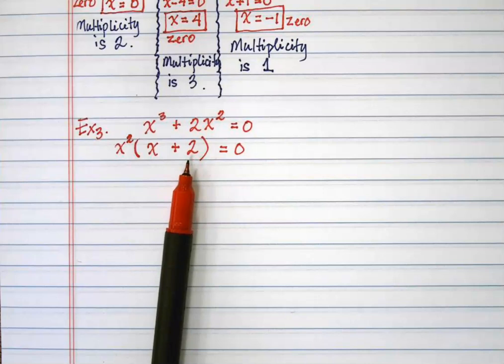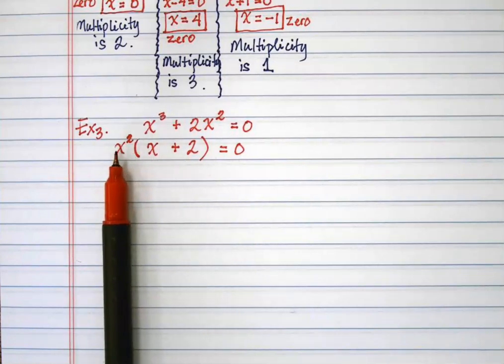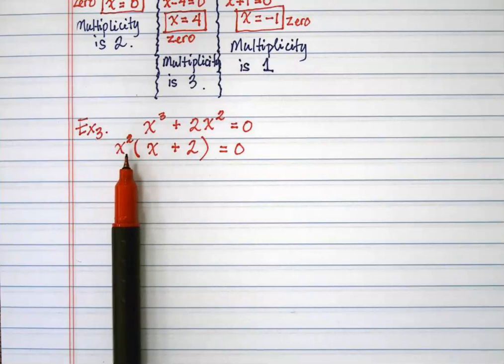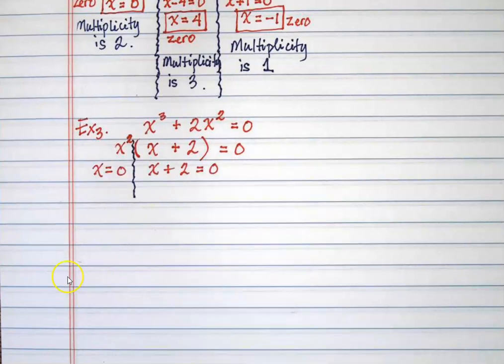So now that this is fully factored, we can already set this equal to 0, solve for the zeros, and we can already identify that the multiplicity for this factor is 2, and that here the multiplicity isn't shown again, so it's a 1. Set both factors equal to 0, and in this case, we already found the 0. X is equal to 0.